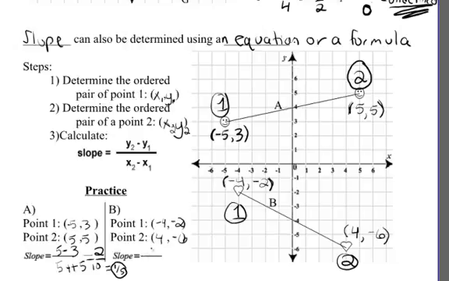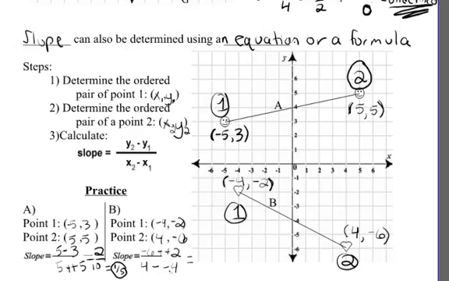Okay, now again, our formula is y2 minus y1, so y2 is -6 minus y1 is -2 over x2, which is 4, minus x1, which is -4.